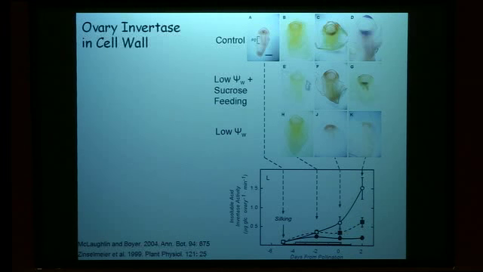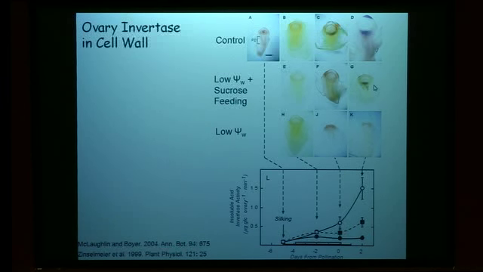Notice down here in this row, which would be the water deficient plants, that development of invertase activity does not occur. On the other hand, if we look at the sucrose-fed plants, you can see that there's a partial recovery or prevention of the loss of that invertase activity.